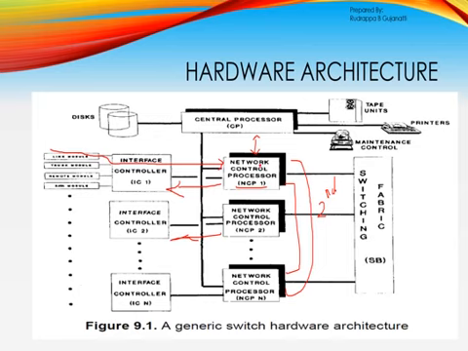Now the network control processor has to provide the path using this switch fabric. So it is involved in call processing, and along with that it helps in establishing the switching connection between the calling customer and the called customer. It is trying to establish the path between them using the switching fabric.